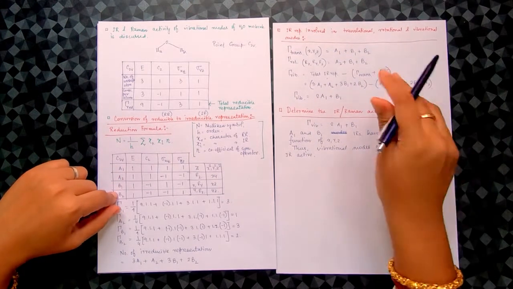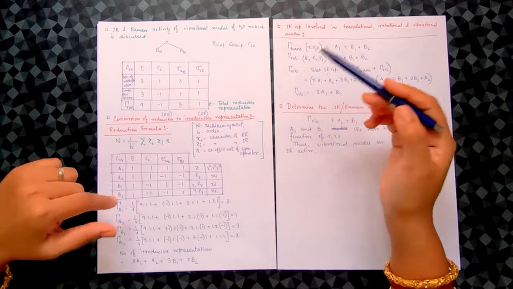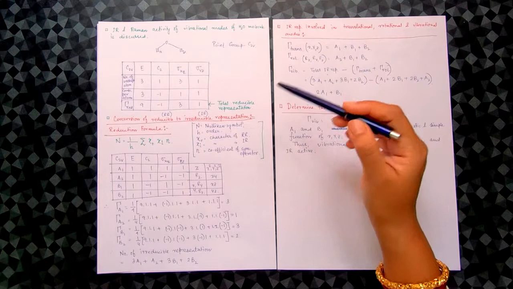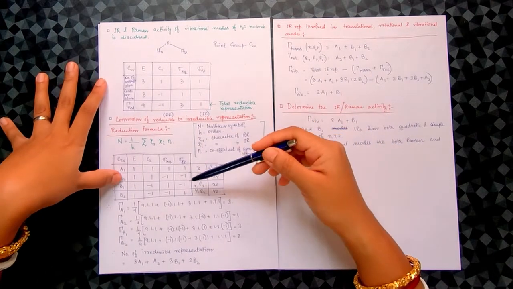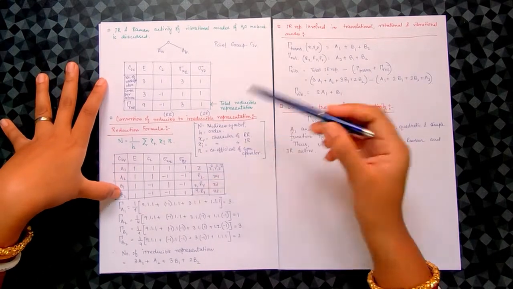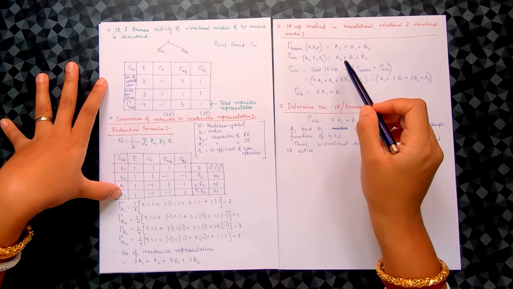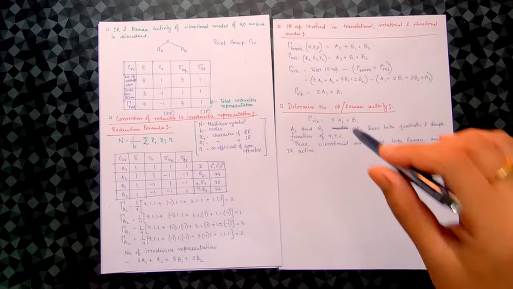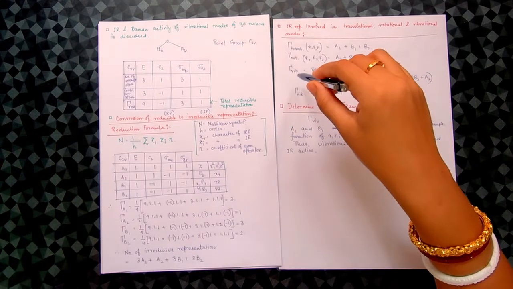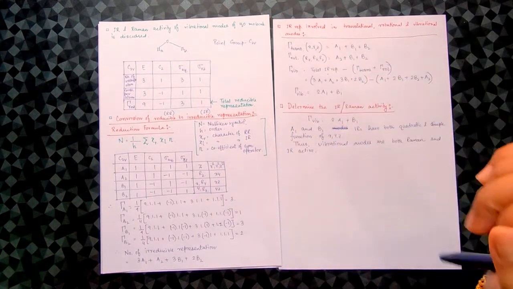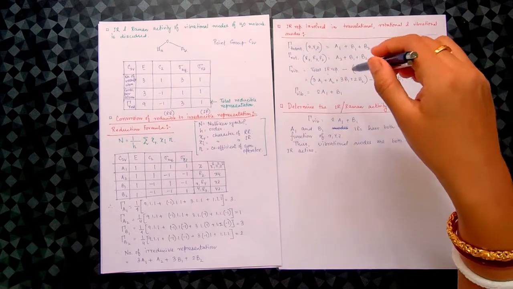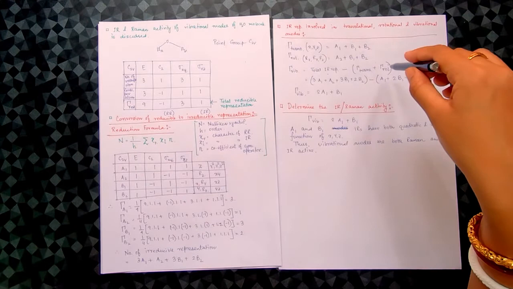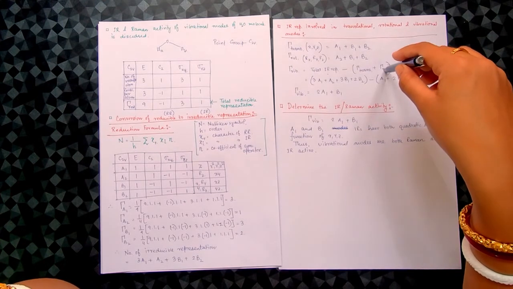In the same way, we are going to calculate rotational. In rotational mode, we need to check the presence of Rx, Ry and Rz, which is here in A2, B1 and B2 position. So we are going to write the irreducible representation, that is A2 plus B1 plus B2. To get the irreducible representation of vibrational mode, we have to get the difference between the total irreducible representation and the translational and rotational irreducible representation.